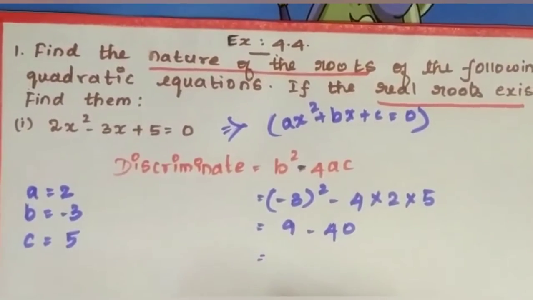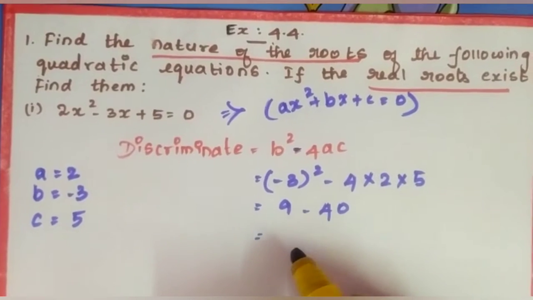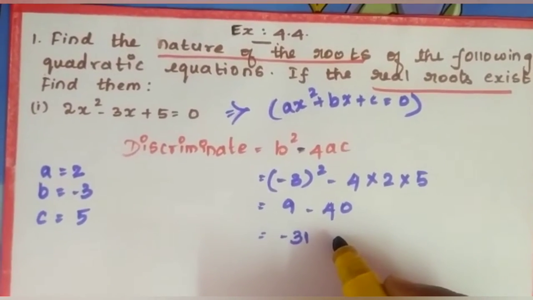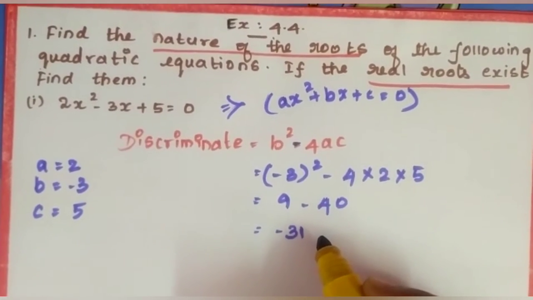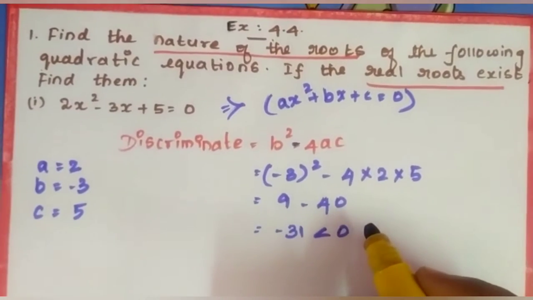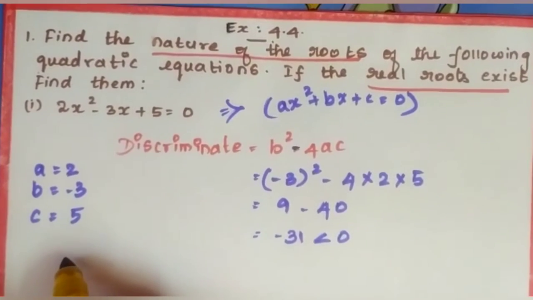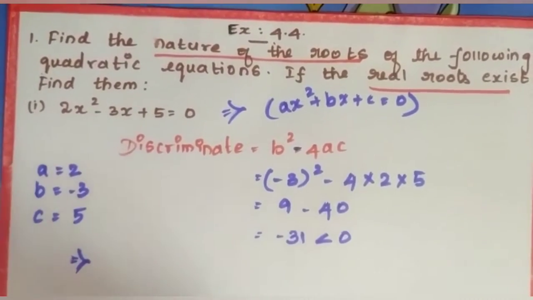So 9 minus 40 is minus 31. The value is negative. The value of the discriminant we got is minus 31, that is less than 0. If we get less than 0, the roots will be imaginary. The roots will not be real.